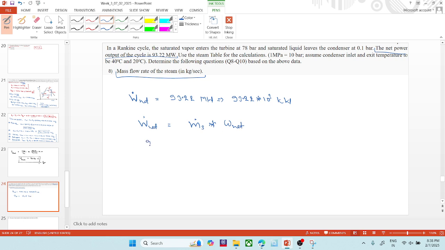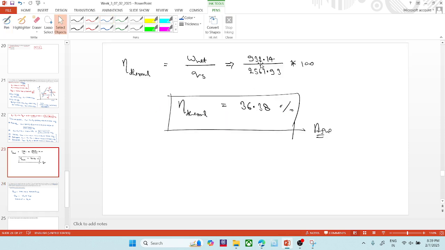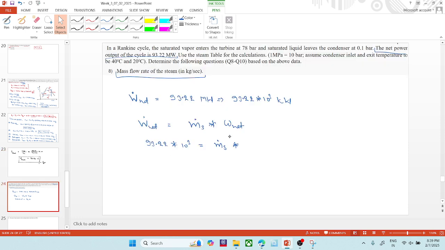I will put the value here: 93.22 into 10 to the power 3 equals mass flow rate into the W net we just got, 932.14.